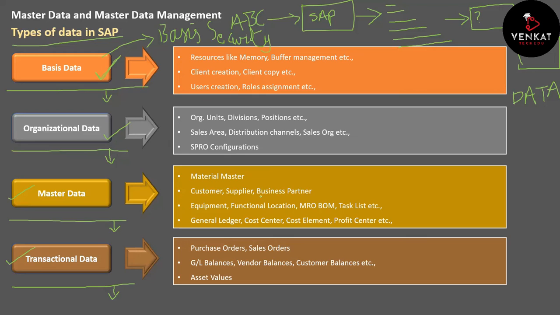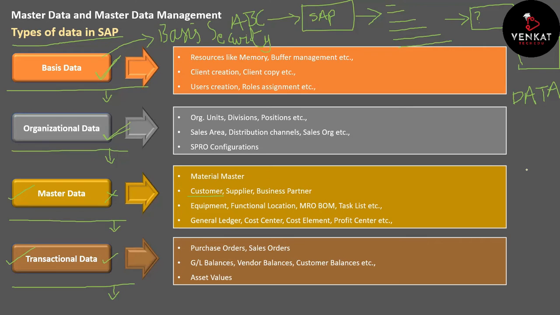Or how can you assign a company code for a business partner if you don't do the company code configuration here? And if you don't have any customer data here, then how can you make the transactions? To whom will you sell the products? So that's why all this data plays a major role. Each data has its own importance.